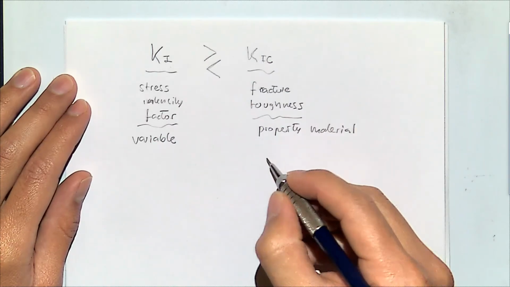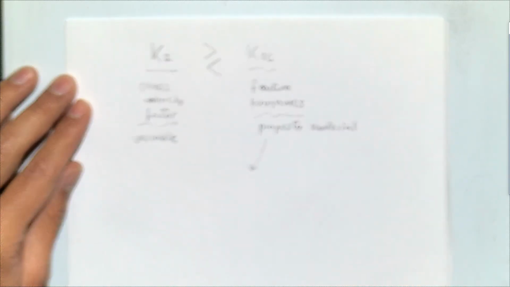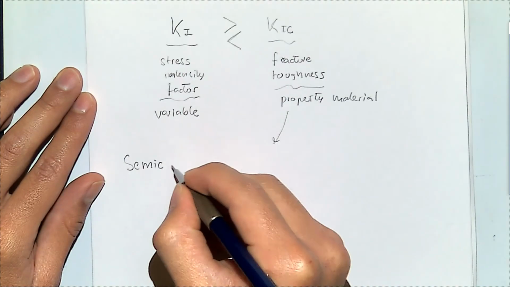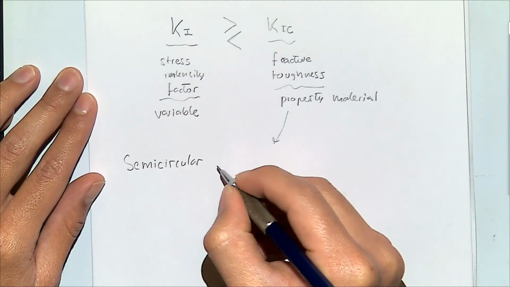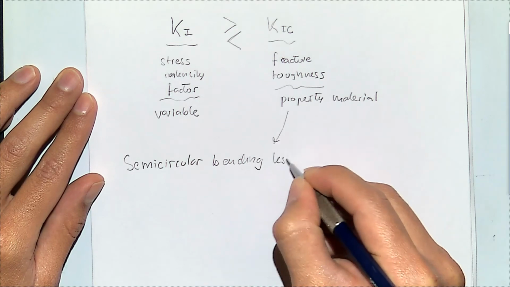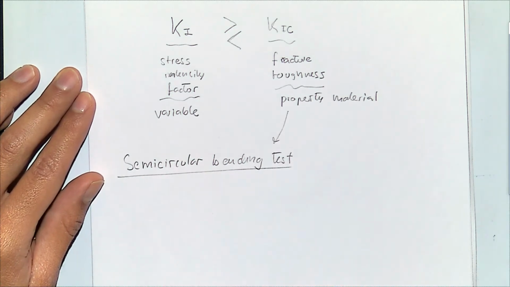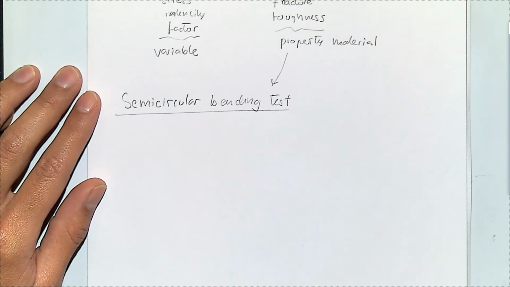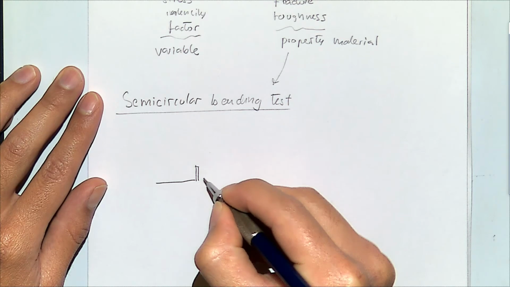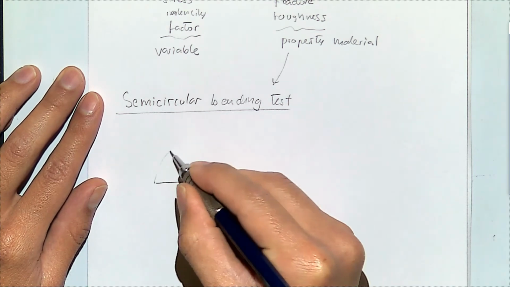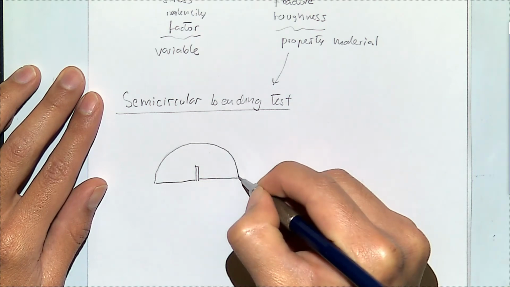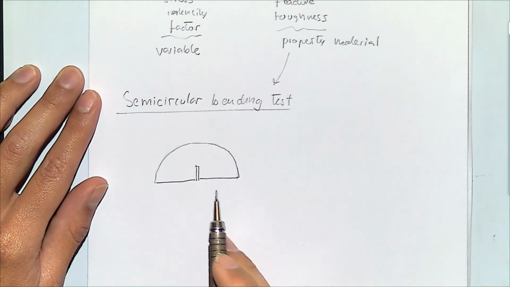And usually the method that we use to measure this is very popular in rocks. It's called the semicircular bending test. And the semicircular bending test, what it does is it measures fracture toughness on a semi-cylindrical piece of rock by creating a flaw in the rock or small fracture.